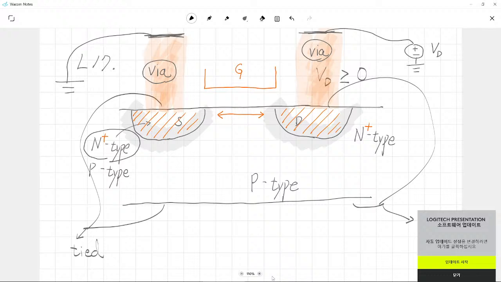Okay, so I think that in the previous lecture I skipped the structural information about our MOSFET. So I just mentioned how we can actually fabricate this structure. Do you have any questions?